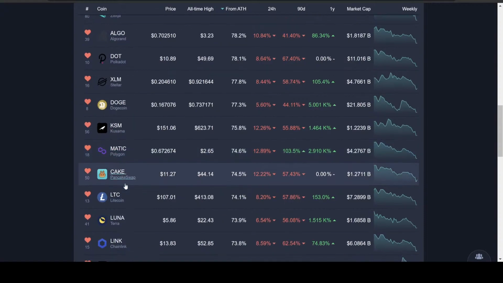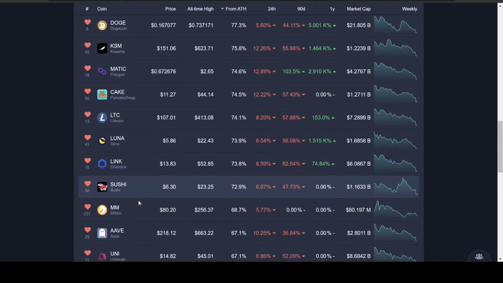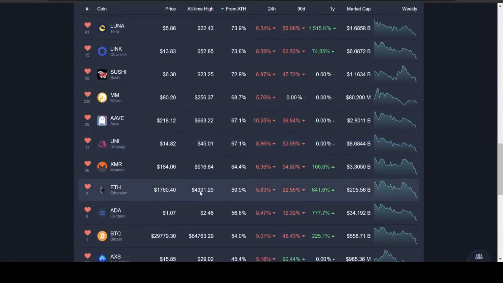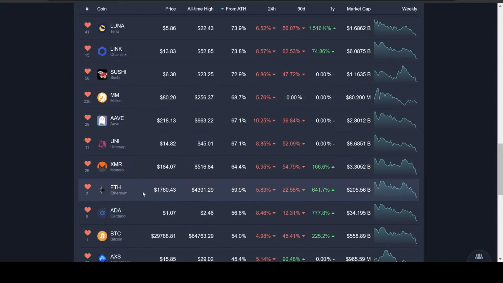So the drawdown of Matic is a lot greater during a bear market compared to Ethereum. Ethereum's drawdown right now is 60%, Bitcoin is 54%. Anything that performs worse than Ethereum during a bear market is usually not a good sign.